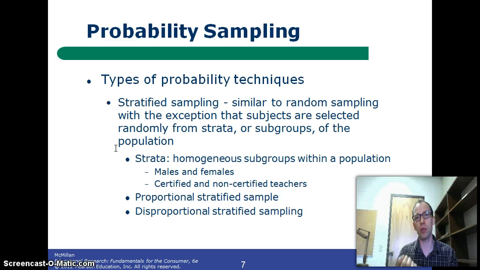That way we have equal numbers in our groups to look at various types of comparisons. Even though it doesn't represent the population, we have a much higher percentage of the females in our accessible population than we do of the males. But that's okay because we're really focused in on that gender variable.